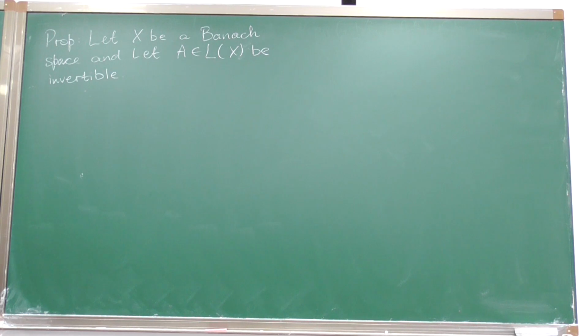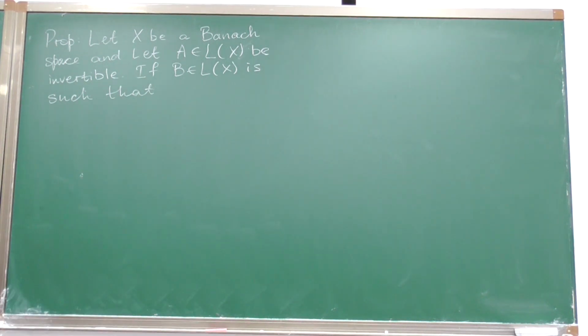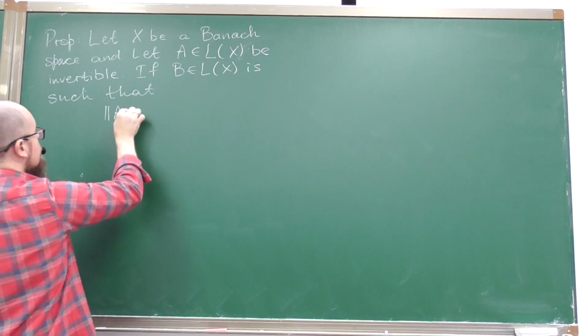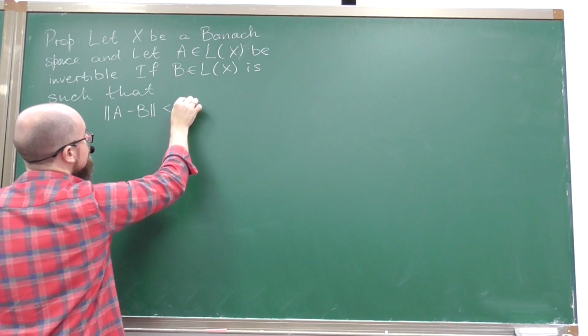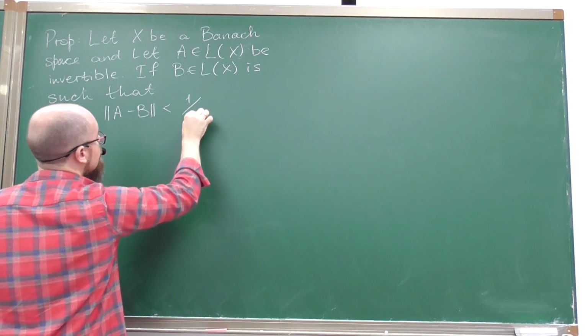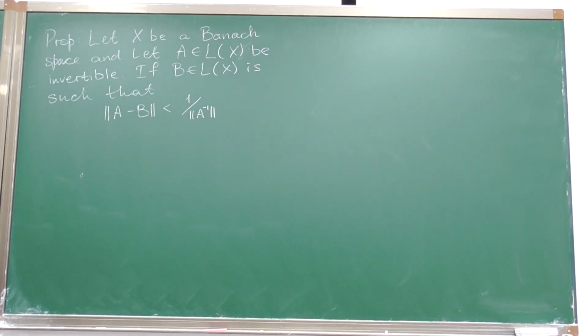If we consider a second bounded linear operator B on X which is close to A, in the sense that the norm of A minus B is strictly less than 1 over the norm of A inverse, then we can conclude that B is invertible.